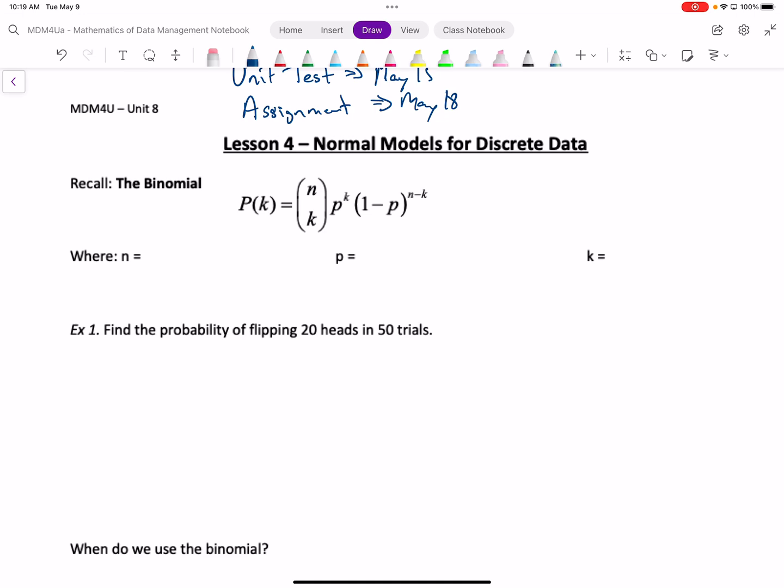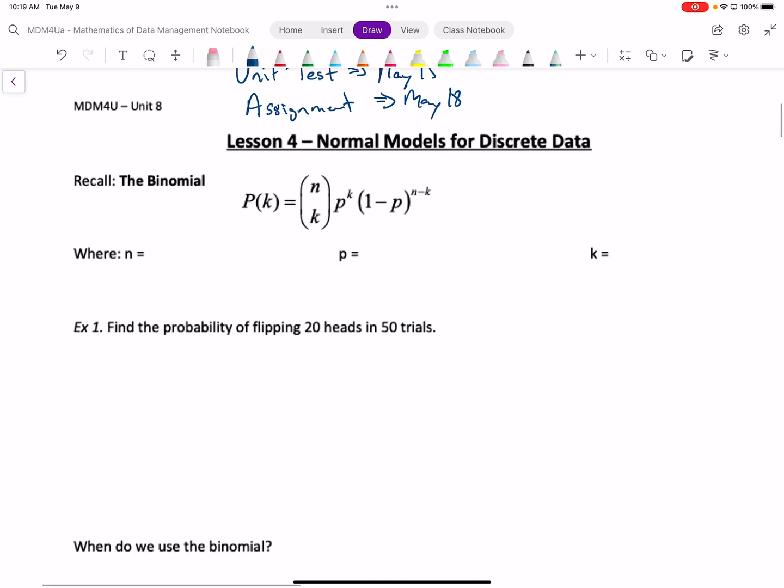So in this binomial, do you remember what n is? Number of trials, close. So n is the number of trials. P is always the probability of success, so whatever you deem success.